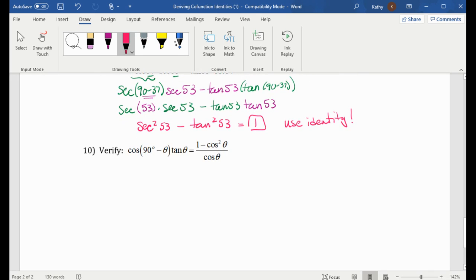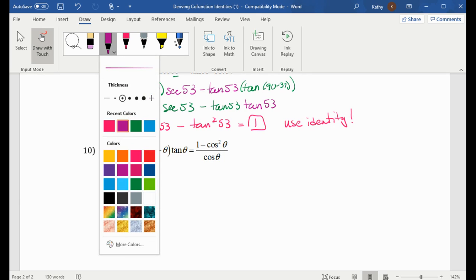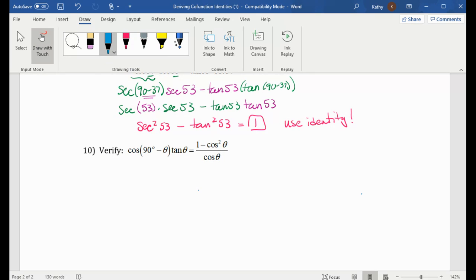All right, number 10, we're going to verify that the left-hand side equals the right-hand side. Let's look at cosine of 90 minus theta. Its cofunction is equal to the sine of theta times tangent, and we're going to try and get it equal to the other side. Well, sine of theta I'm going to keep, but then we're going to replace tangent with sine theta over cosine theta.